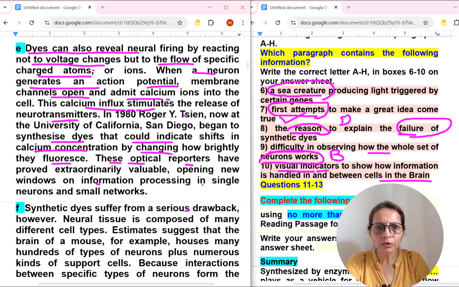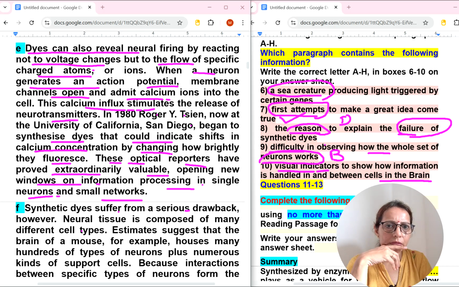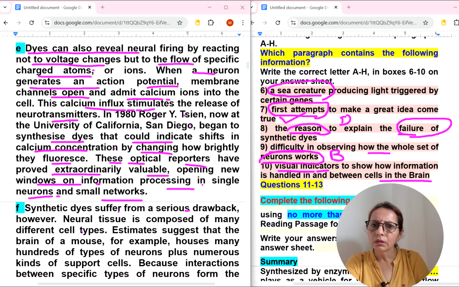These optical reporters have proved extraordinarily valuable, opening new windows on information processing in single neurons and small networks. The indicators to show how information is handled in the shifts in calcium concentration by changing how these opticals. Okay, I will leave this.